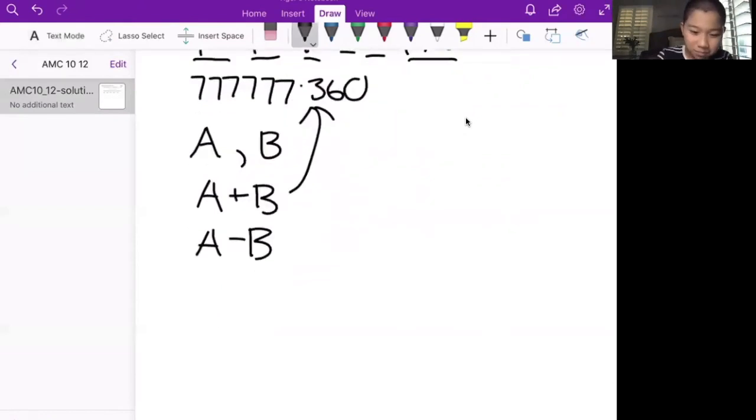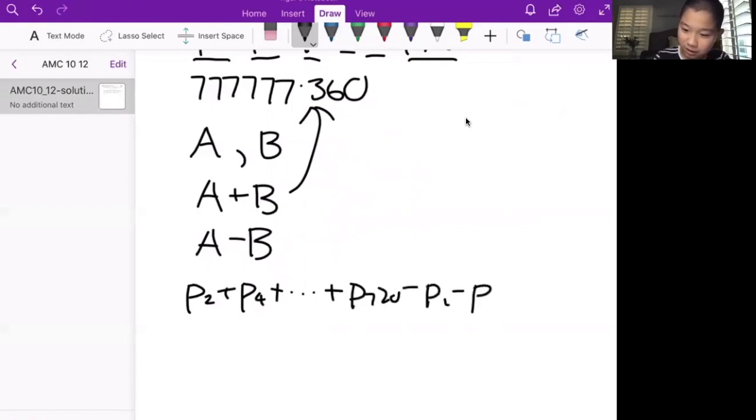So A minus B is just P2 plus P4 plus dot dot dot plus P720 minus P1 minus P3 minus P5 dot dot dot minus P719.